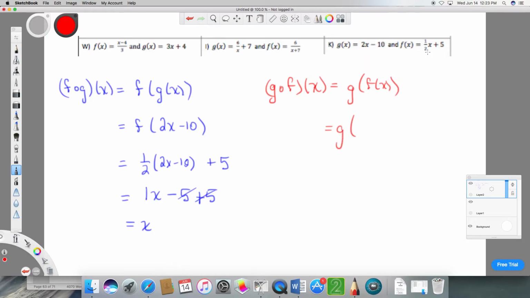And f is this linear function, this 1/2 x plus 5. G is also a linear function. G will take, in the first term, 2 times the input and then subtract 10. So we have this input 1/2 x plus 5.